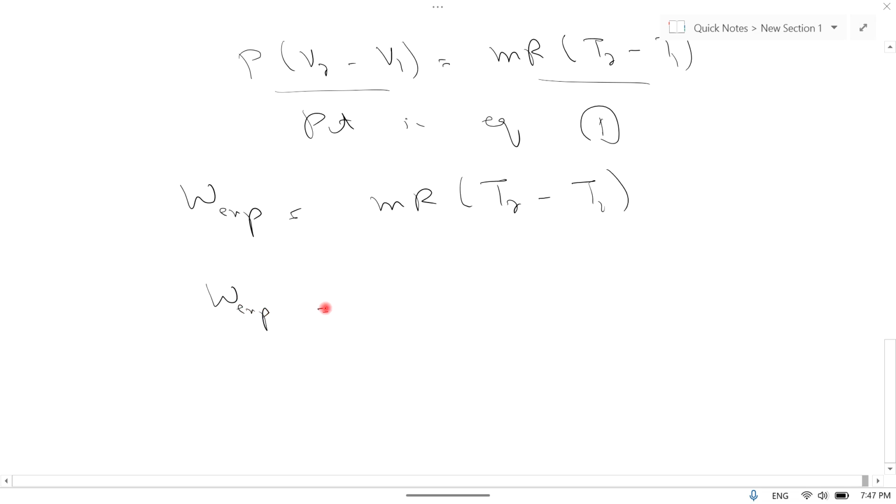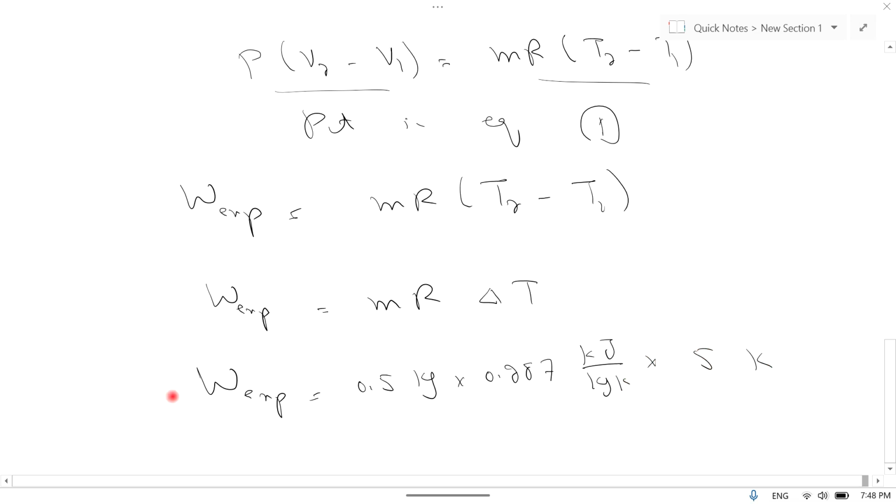Work of expansion is equal to mR del T. The mass is given to us as 0.5 kilogram. The ideal gas constant for air is 0.287 kilojoule per kilogram per Kelvin. And the change in temperature is 5 degrees centigrade or 5 Kelvin.